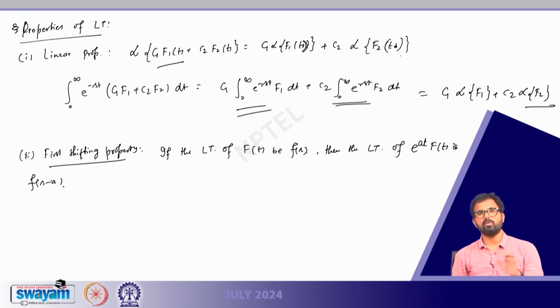That means you can shift the origin in a way. So you can go from s to s minus a, right?